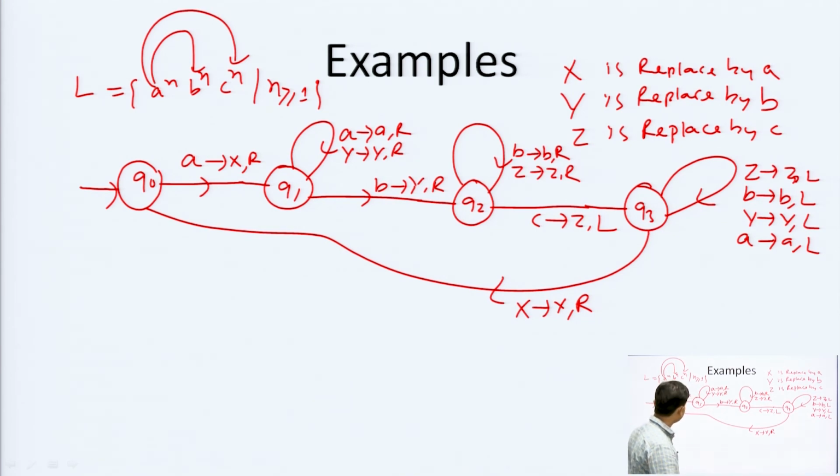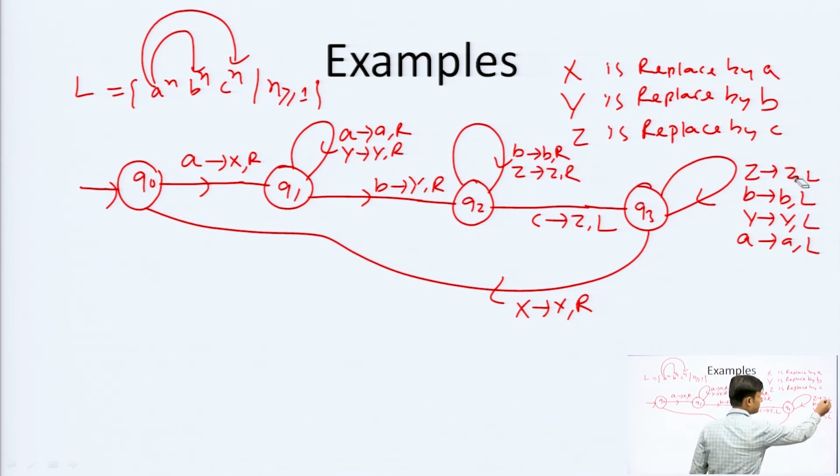Here we replace a with x, then move right over all a and all y. When you find b, one b is replaced with y, then move right. When you find the first c, it is replaced by z, then move left, and from q3 we have to come back to x.